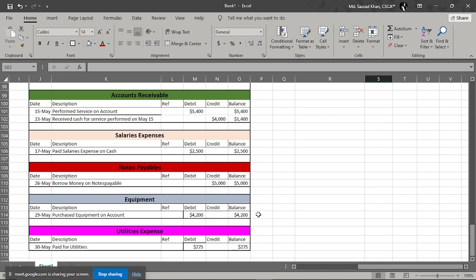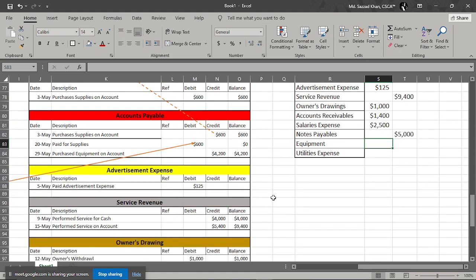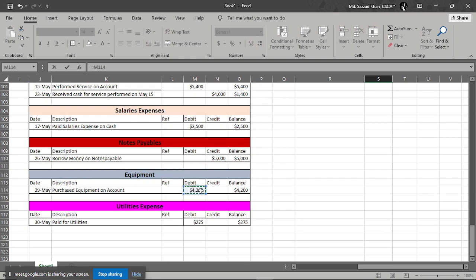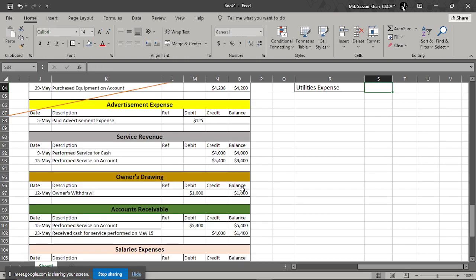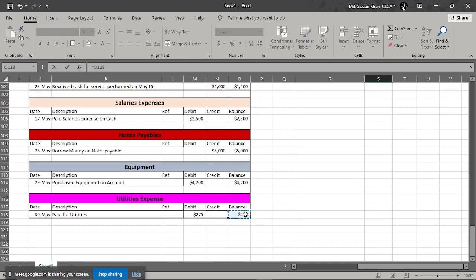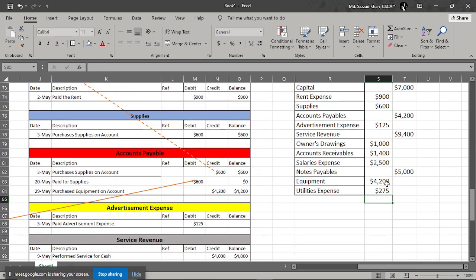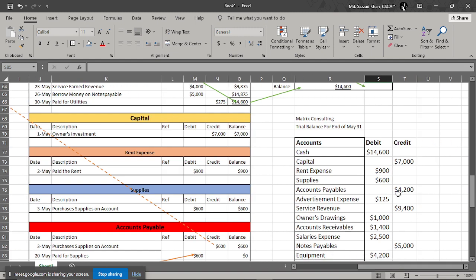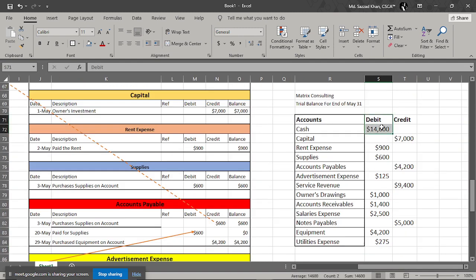Equipment is in debit. And utilities also in debit. We are done with the trial balance. So let us find out the summation. Okay?